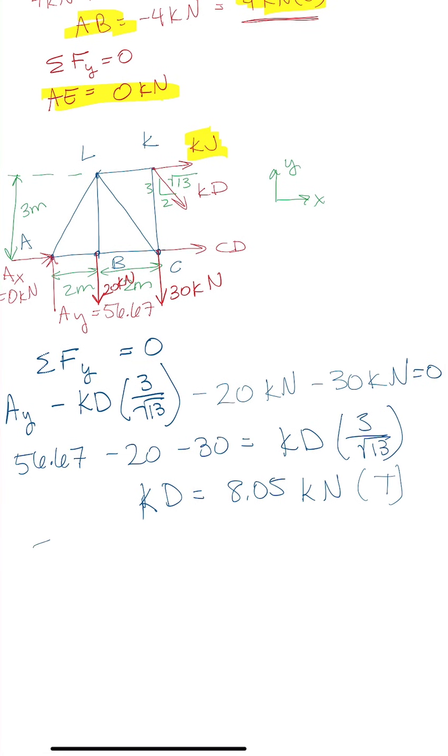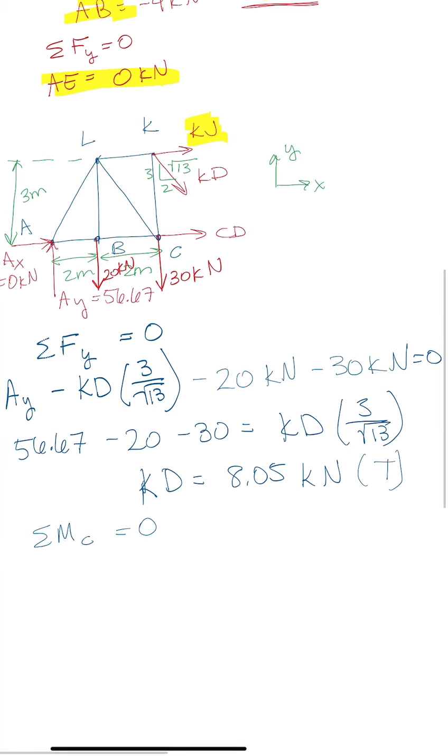I can sum the moments about C equals 0. Yeah, I think that'll work. So sum the moments about point C equals 0, and we'll do coming out of the board as positive. So AY is going to create a negative moment. So negative 56.67 times 4 meters.